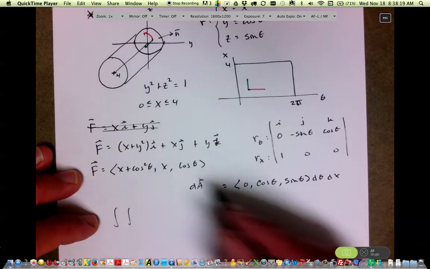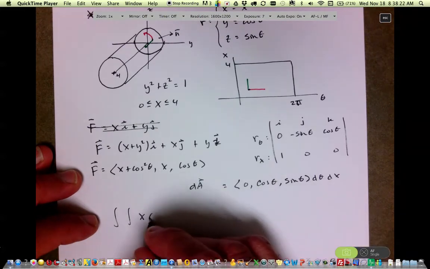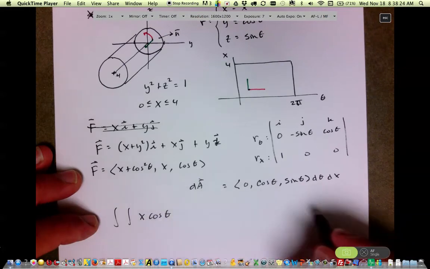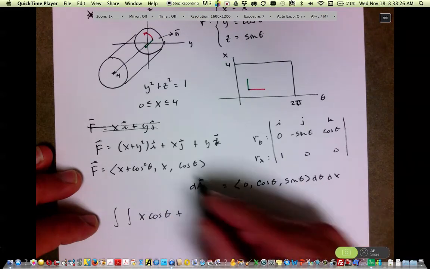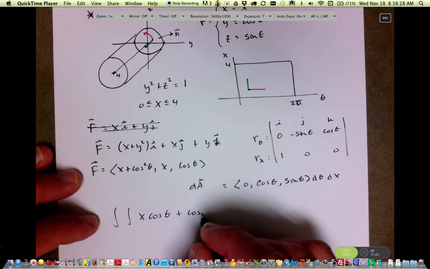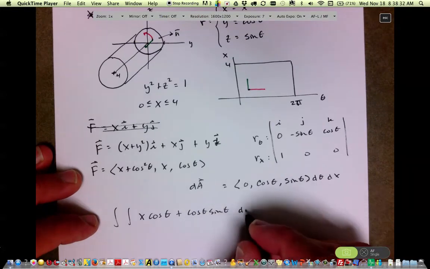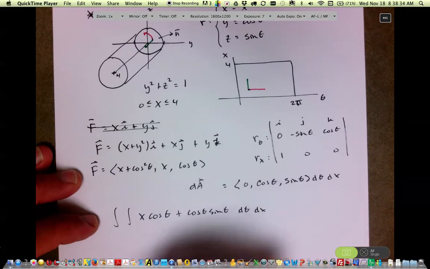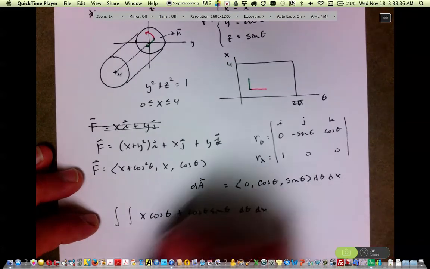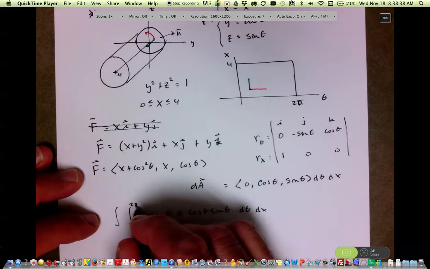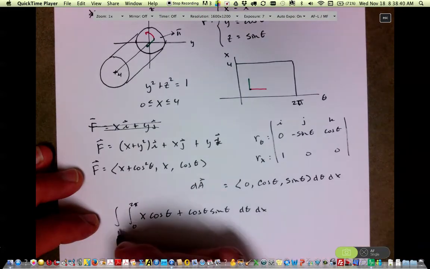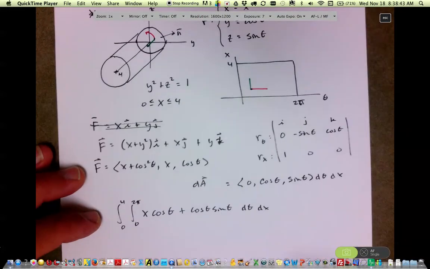This is going to give me x times cosine theta, and the other part's going to give me cosine times sine. And then we've got d theta and dx. Theta is going to go from 0 to 2 pi, and x is going to go from 0 to 4.